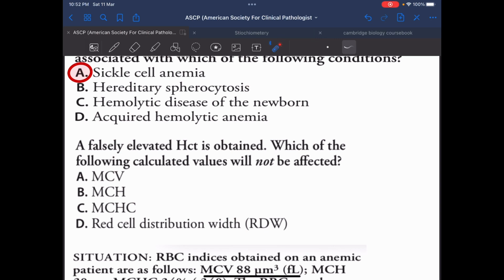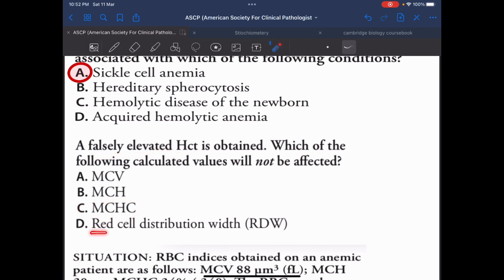What about MCHC? MCHC is calculated by hemoglobin multiplied by 100 divided by hematocrit. The equation includes hematocrit, so MCHC will also be affected by a falsely elevated hematocrit.